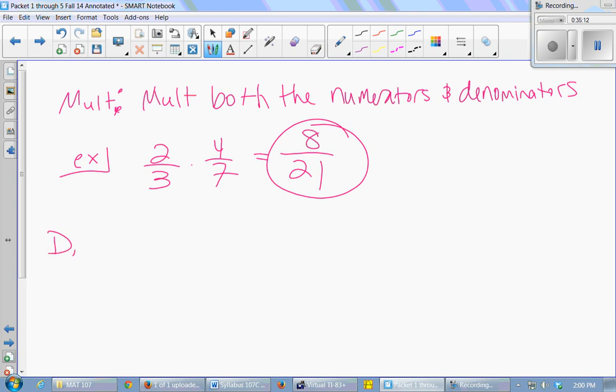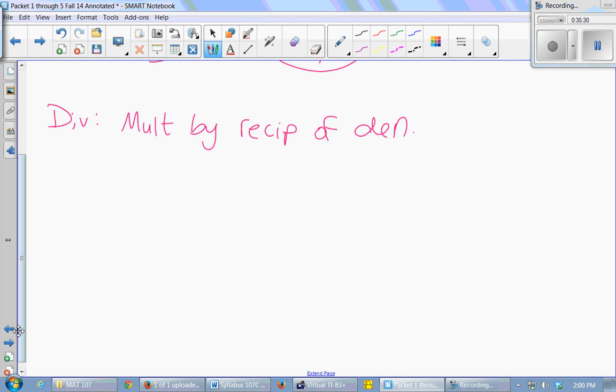So what about dividing? How do you divide two fractions? Multiply by the reciprocal. Okay, so by the reciprocal of the denominator. Right, so if I wanted to do 1/3 divided by, I don't know, 1/2, I would say instead do 1/3 times 2/1.